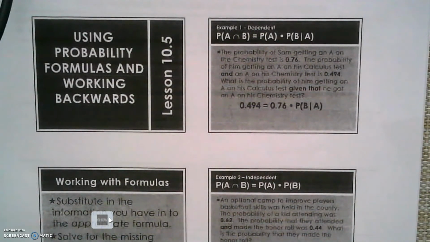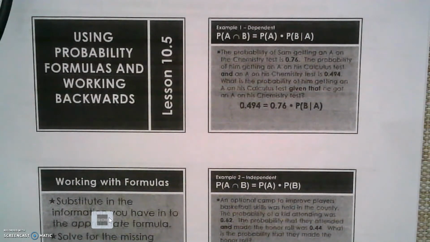What is the probability of him getting an A on his calculus test given he got an A on his chemistry test? This is dependent because of that word given, so that given dependency.